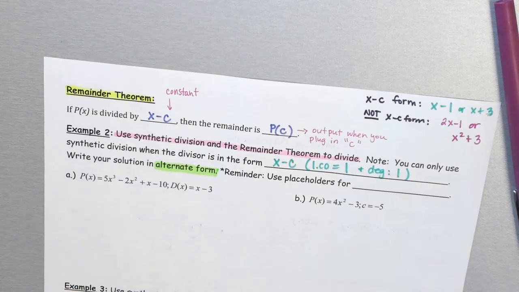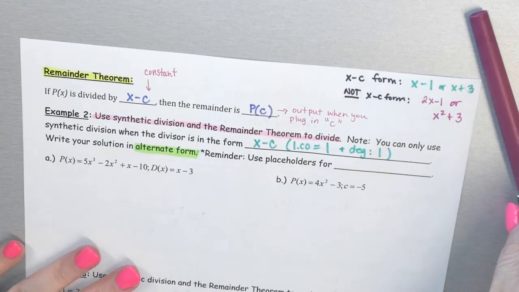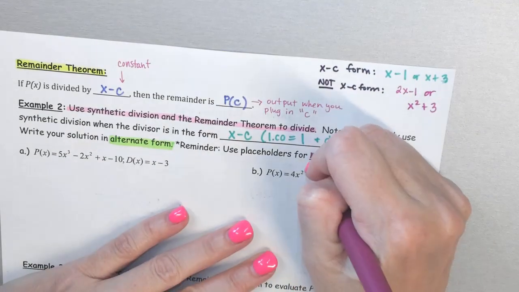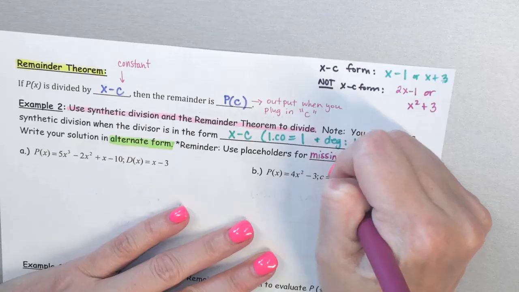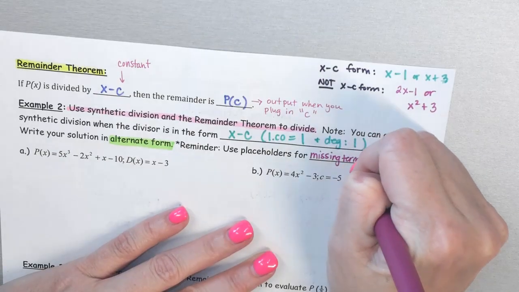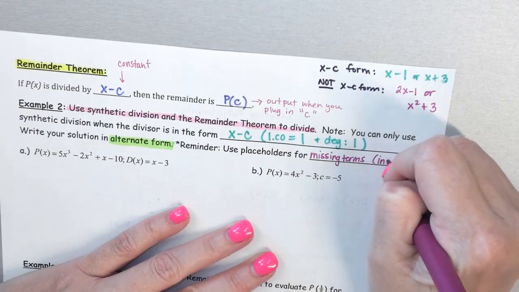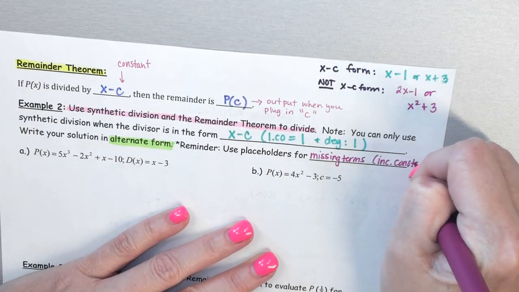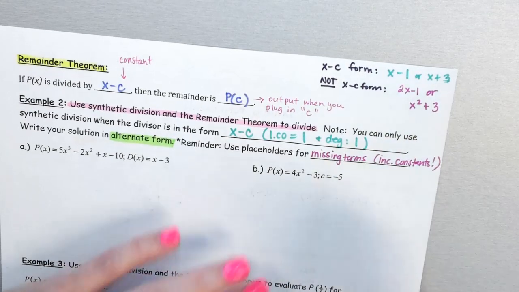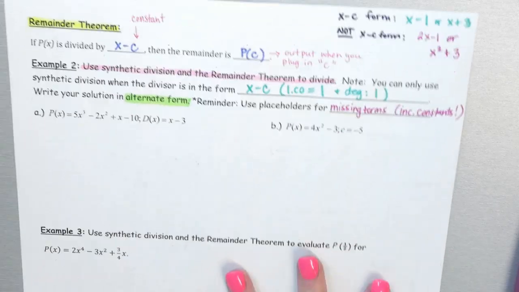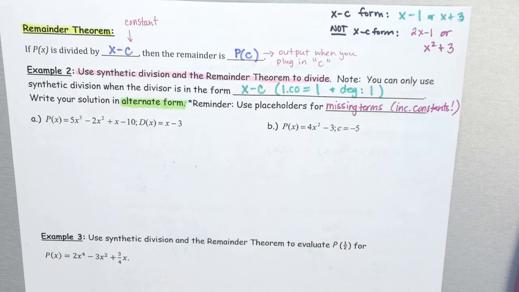When you're doing synthetic division, you are going to use placeholders if there is a missing term, including a constant, because sometimes people forget about those, even if it's the last value.